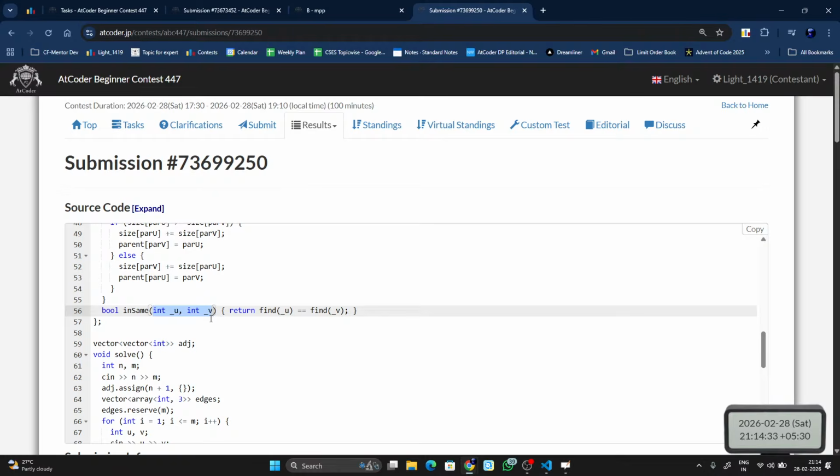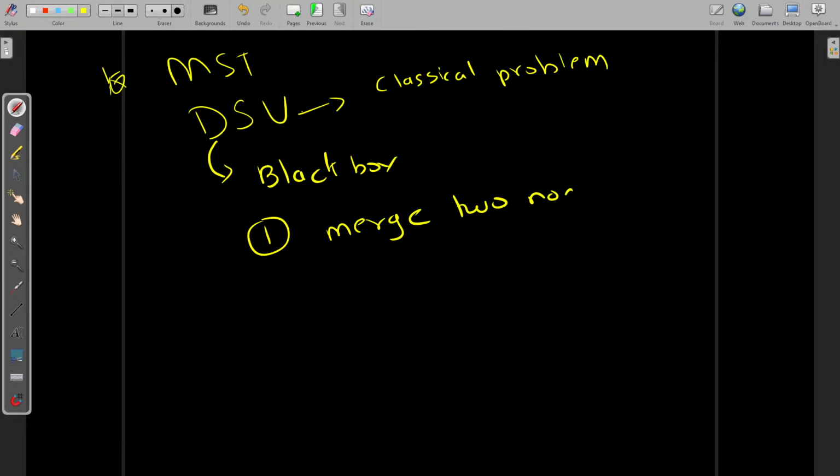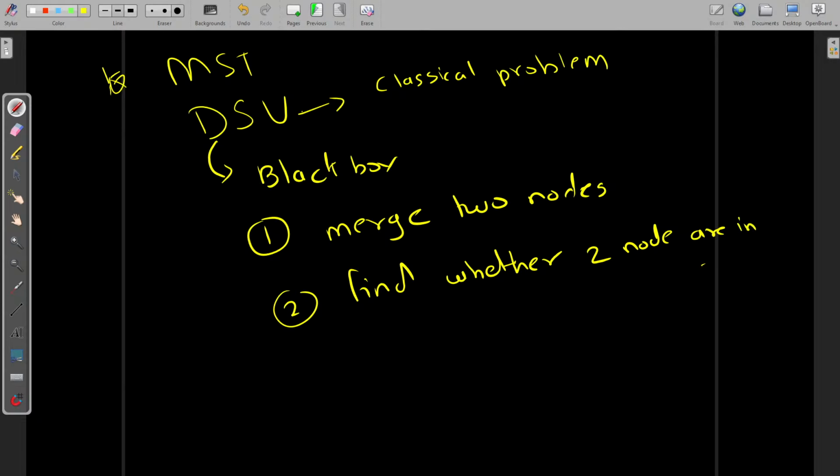So if you want to use DSU as a black box, it can do these two things: merge two nodes, and find whether two nodes are in the same component.